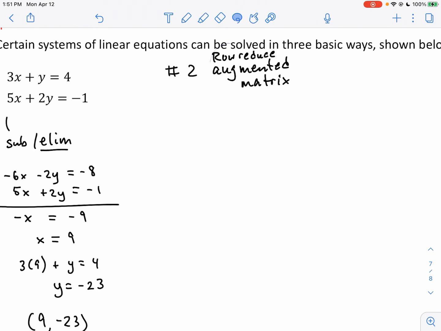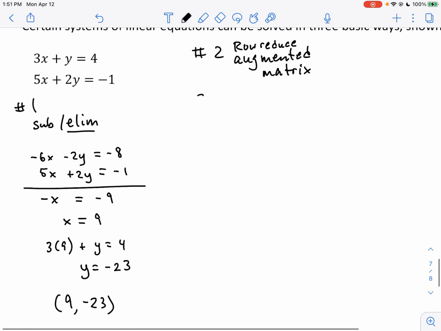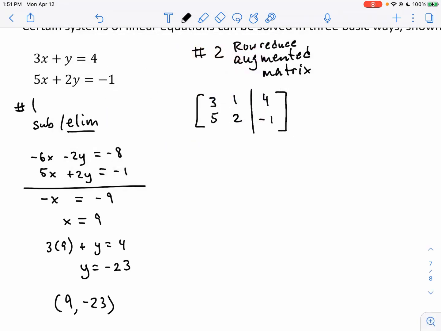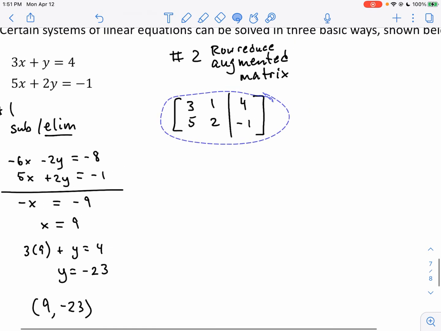This is the method. So to create the augmented matrix, the x coefficients are 3 and 5. The y coefficients are 1 and 2. And then on the other side of the equal sign are the constants 4 and -1. So we create this 2x3 matrix. Sometimes people like to put a little line right here to represent where the equal sign was, which I recommend doing, doesn't hurt. And then I just want to put this 2x3 matrix into reduced row echelon form.